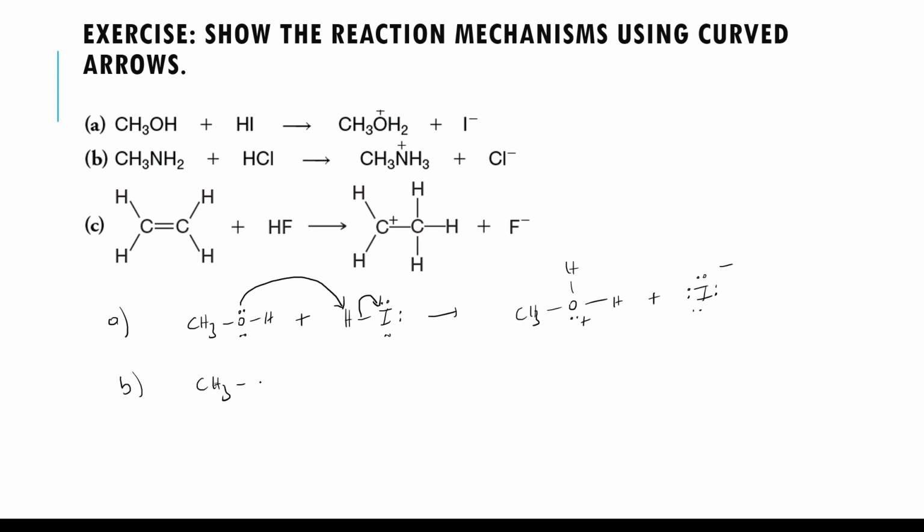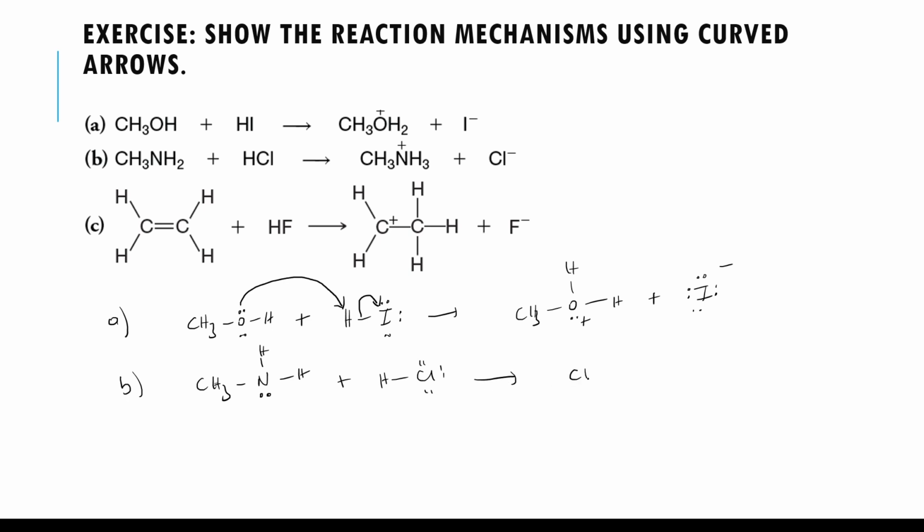Methylamine, we have methyl, and we have the amine part. We have two hydrogens attached to nitrogen with a lone pair, plus hydrogen chloride. The chlorine has three lone pairs.